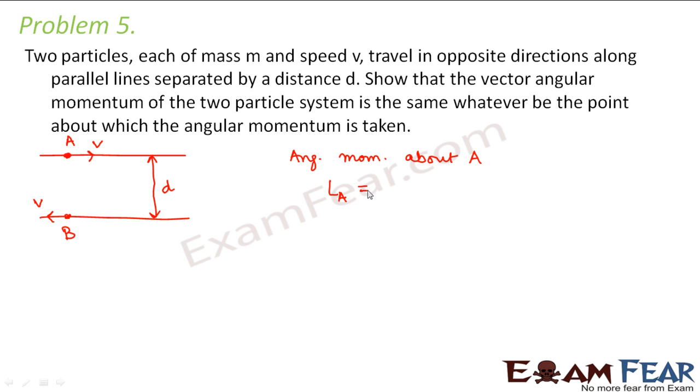So LA will be equal to, what is angular momentum? Angular momentum is given as the cross product of the position vector and the linear momentum. And what is linear momentum? It is nothing but mass into velocity, right? So when I talk about the angular momentum about point A, we will consider the angular momentum of the object A plus the angular momentum of the object B, right?